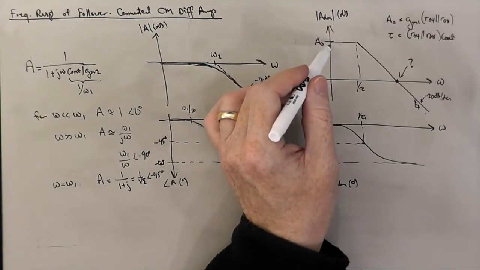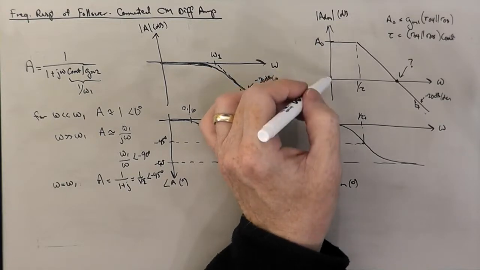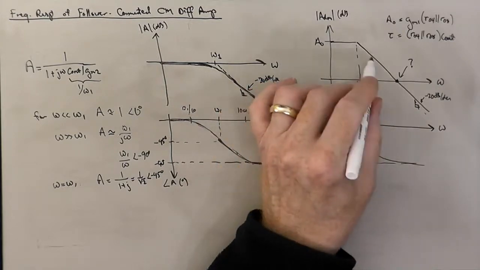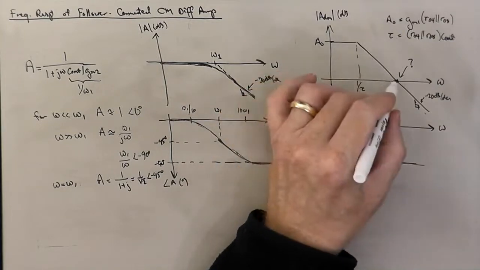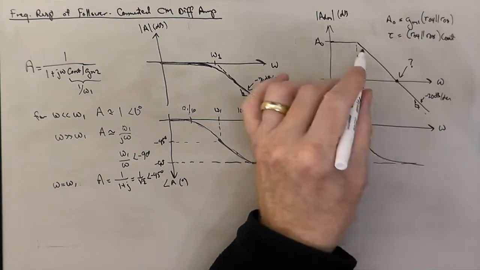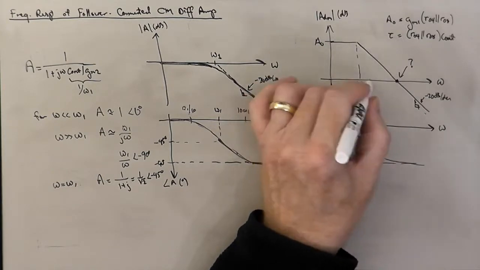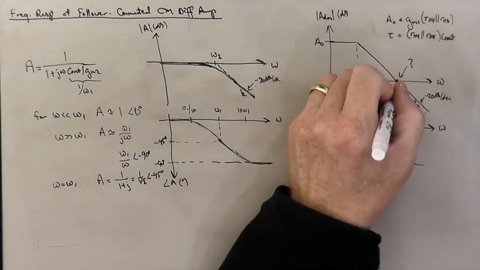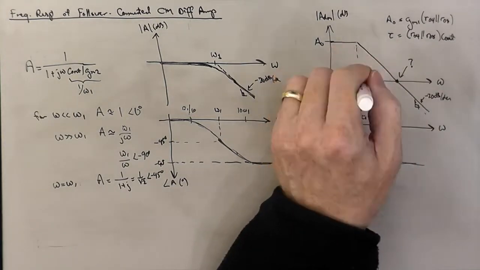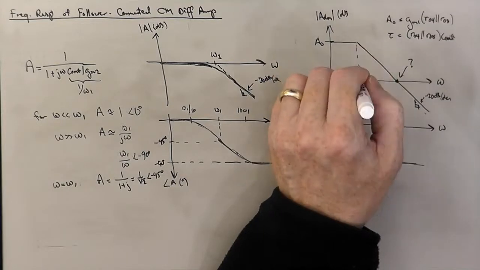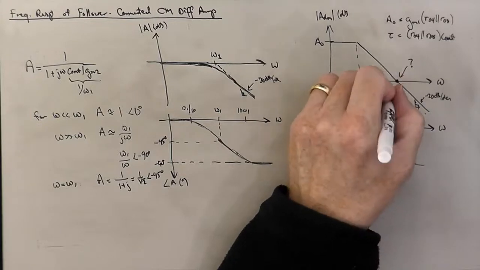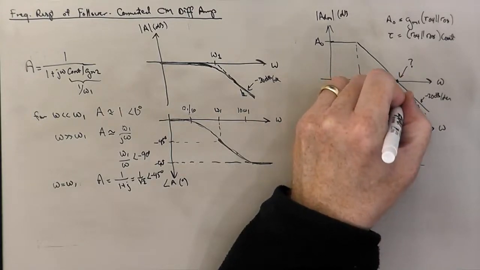And since these two points are on this line of slope minus 20 dB per decade, the ratio of these two frequencies should be the same as the ratio of these two gains, which means that this frequency should be A0 over tau.